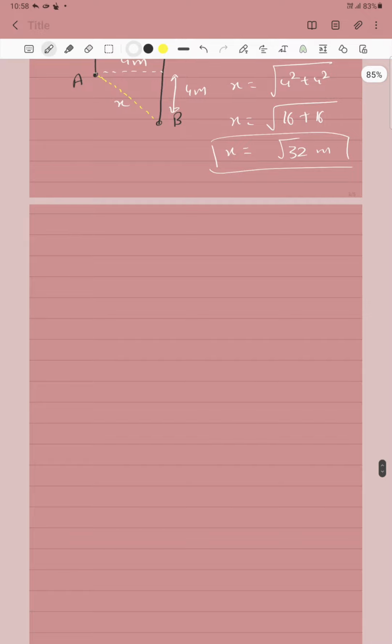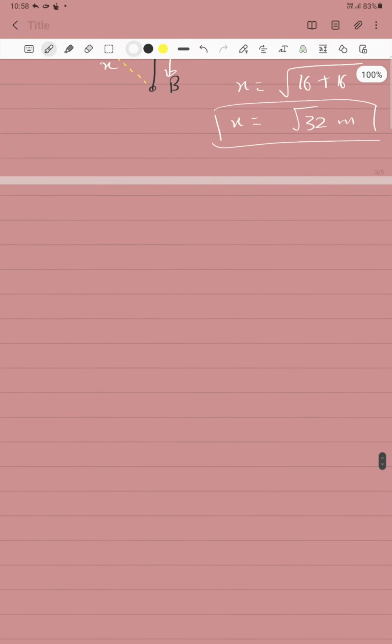One more question I can give you. You can pause the video and solve. Suppose a situation comes like this. A person starts from point A, travels straight like this, then goes in this way, and then goes in this way like this, right?